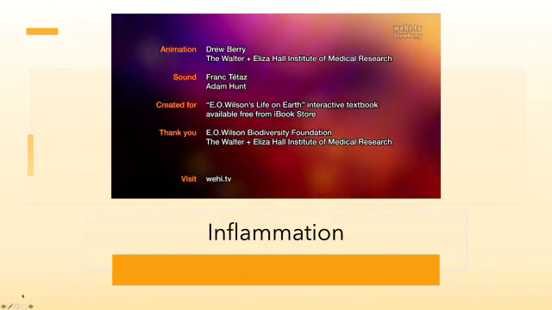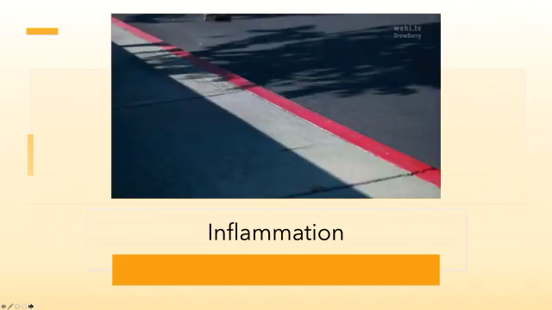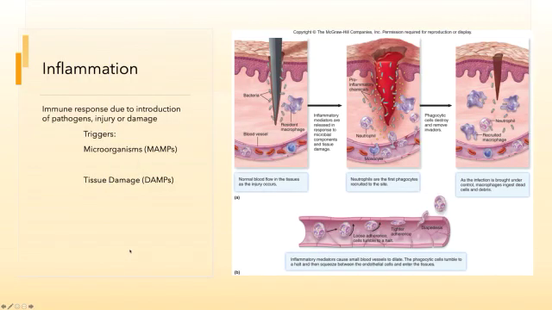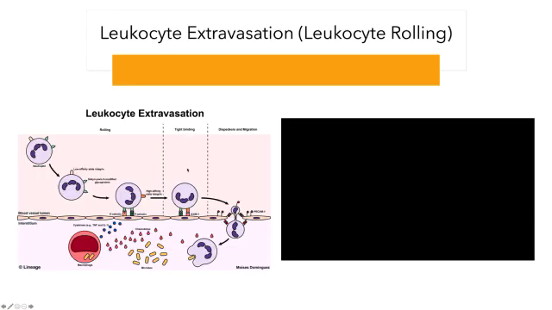So that was just kind of an interesting way to see the inflammatory process. But here we have some diagrams, and let's talk a little bit more detail. Inflammation is the primary immune response that occurs, either from injury or damage, or more often than not through the introduction of some kind of pathogen. The inflammatory response triggers for it are MAMPs and DAMPs.